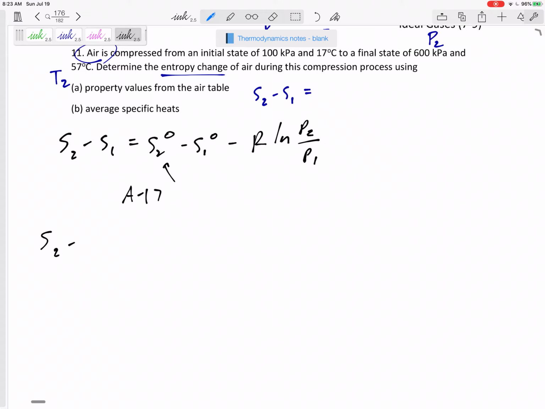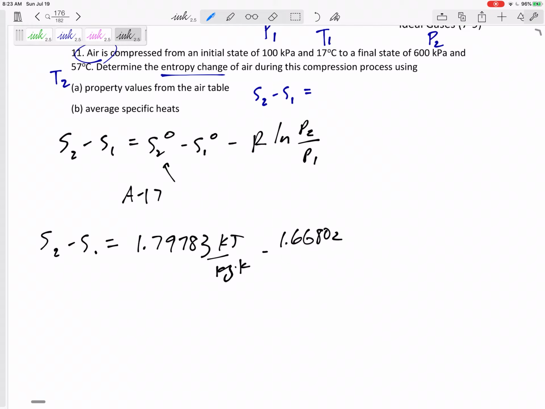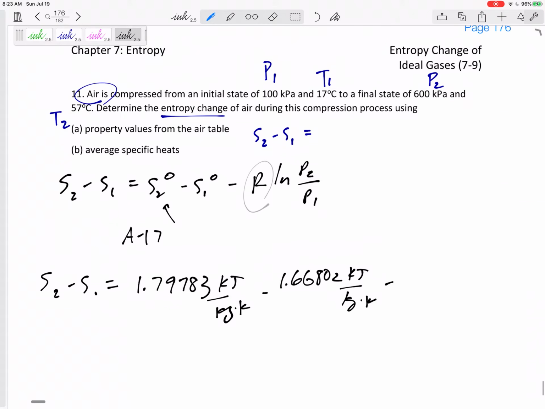All right, go back to our notes. So S2 minus S1 would be S2 naught from property tables, 1.79783 kilojoule per kilogram K, minus 1.66802 kilojoule per kilogram K, minus R. This is not the universal, this is the R for air.